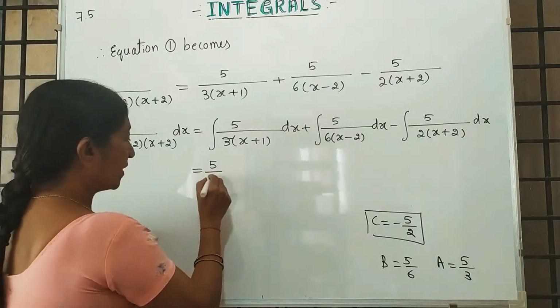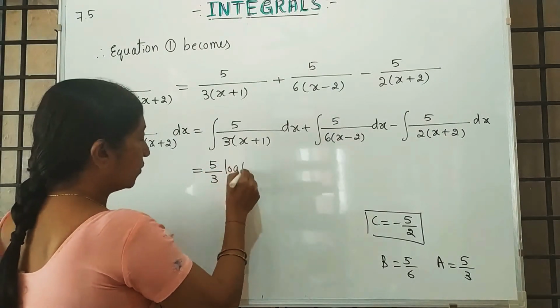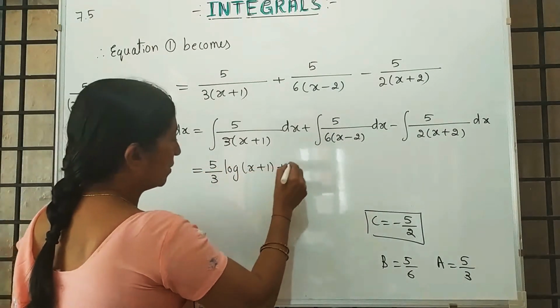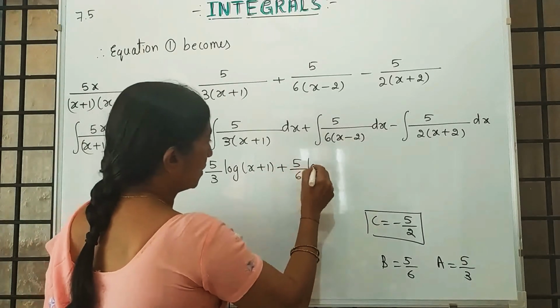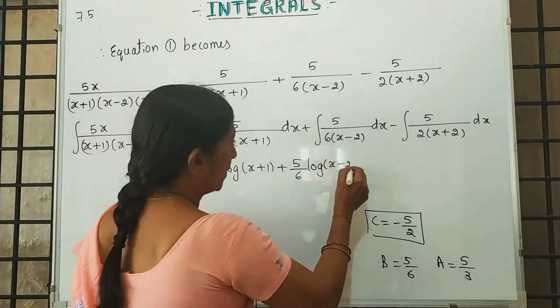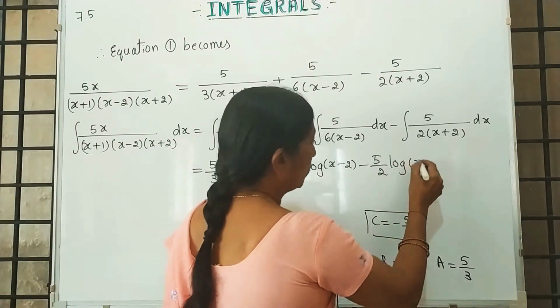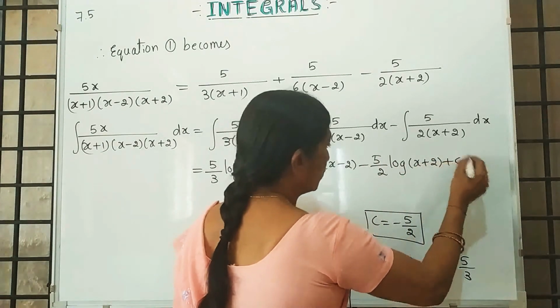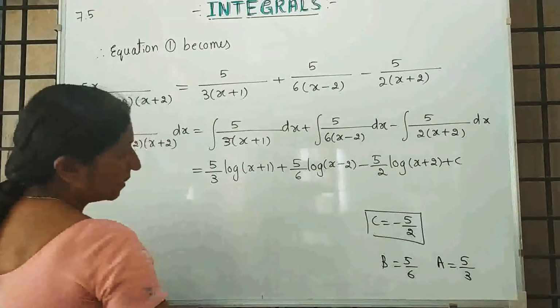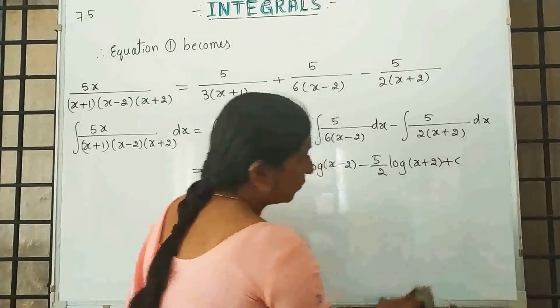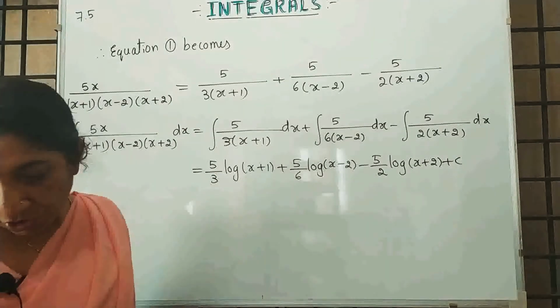This is 5 upon 3 log of (x plus 1) plus 5 upon 6 log of (x minus 2) minus 5 upon 2 log of (x plus 2) plus C. See, is the sum simple or what? Yes. Moving to the next example, that is question number 13.